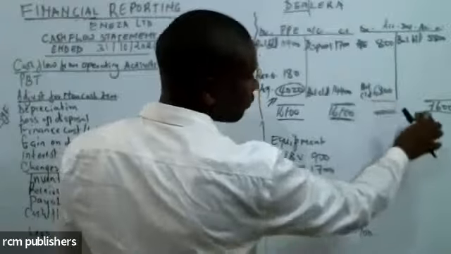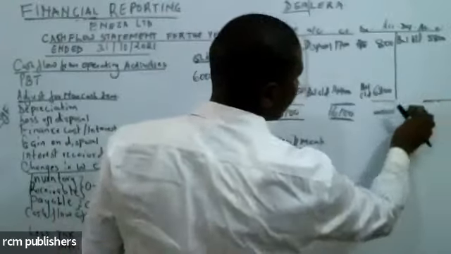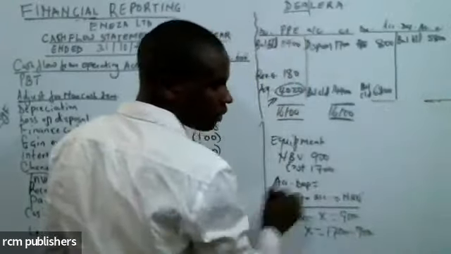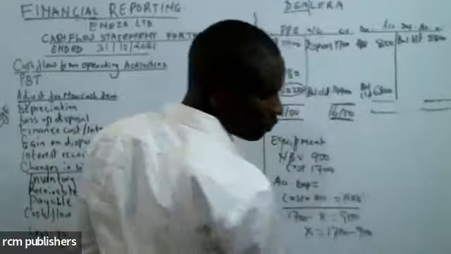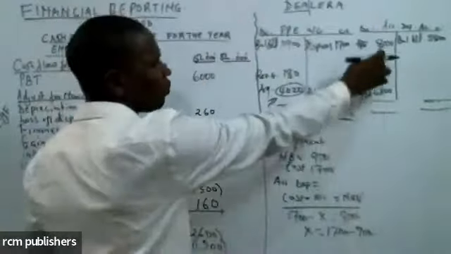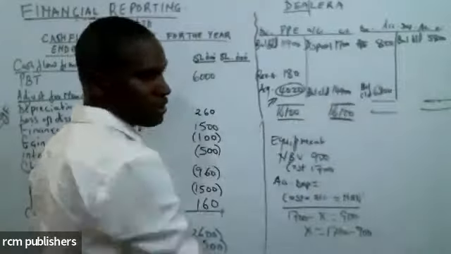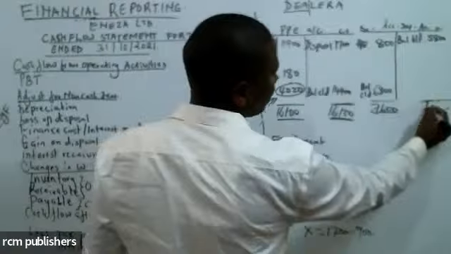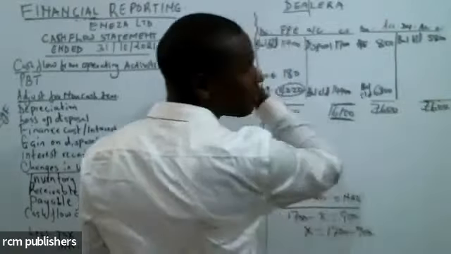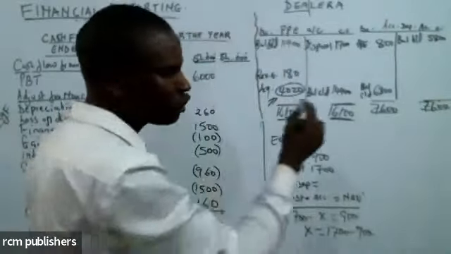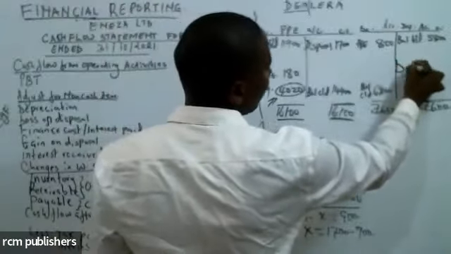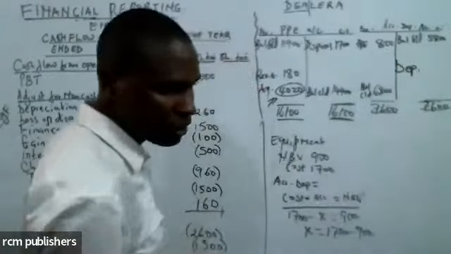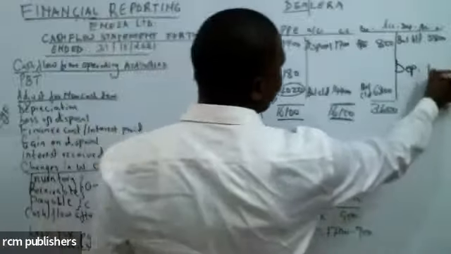We want to balance 8 plus 6,800. It is 76, so it was okay. 7,600. So subtract that so we get our depreciation. The balancing figure here, depreciation is how much? 1,800.